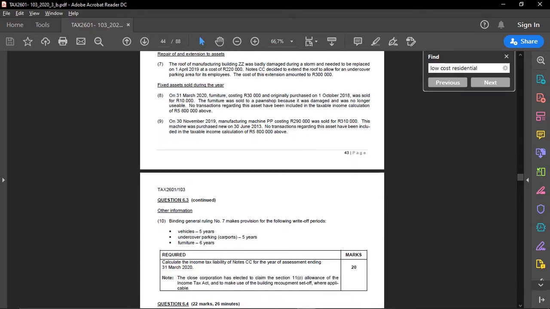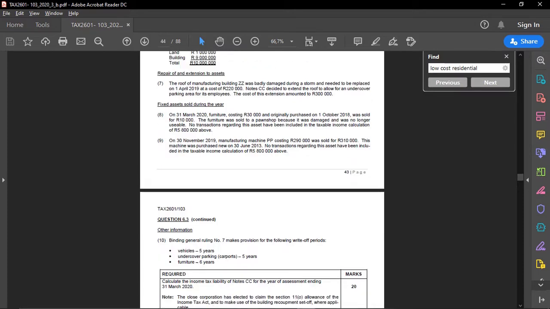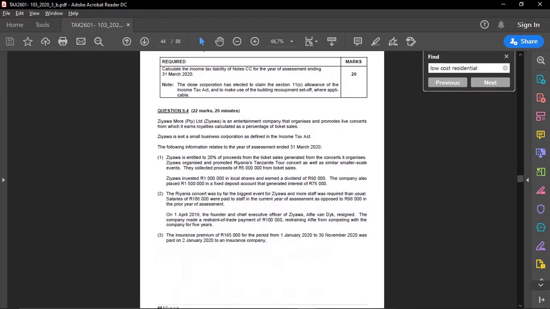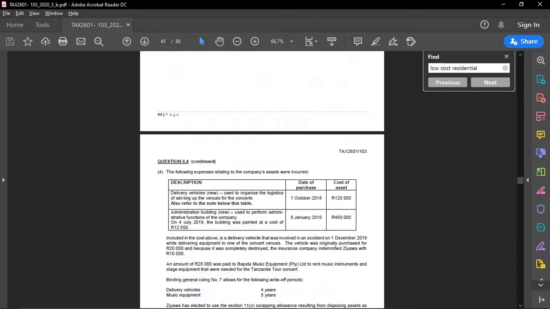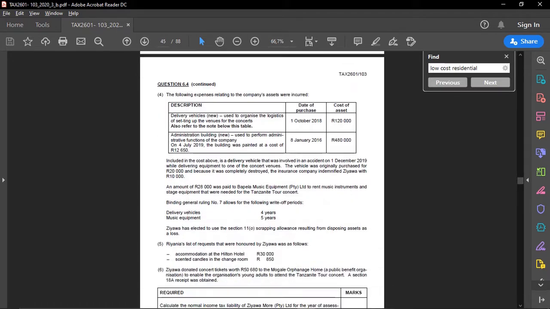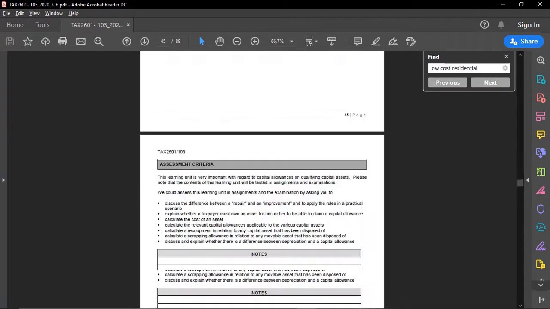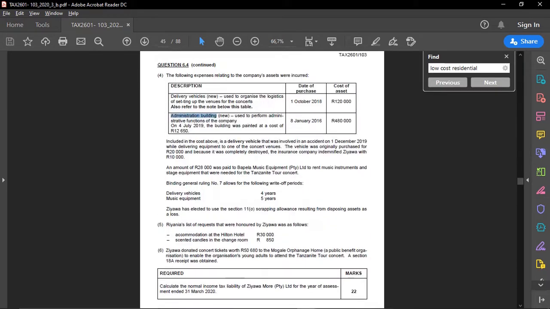I think there might be one here. Okay, that's manufacturing. Nope, nothing there. Yeah, 6.4, this looks like one. Right, we've got an admin building. Is there any low cost residential? Unfortunately not. And that's it.